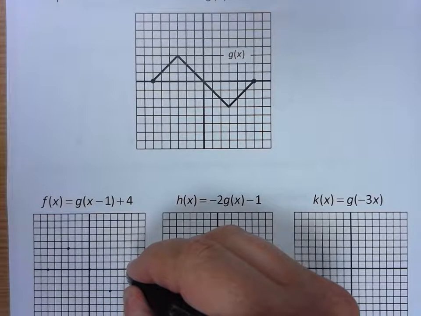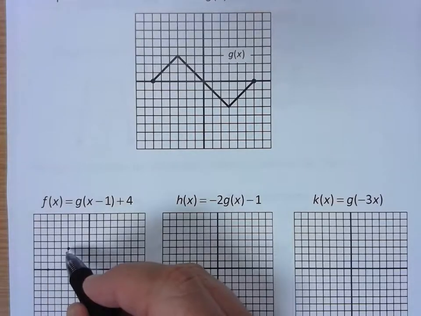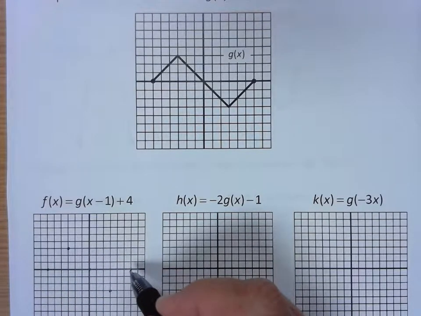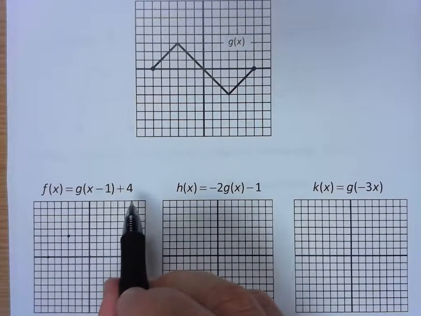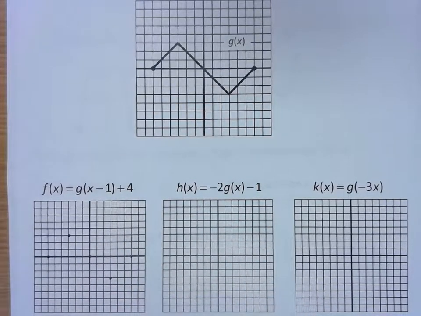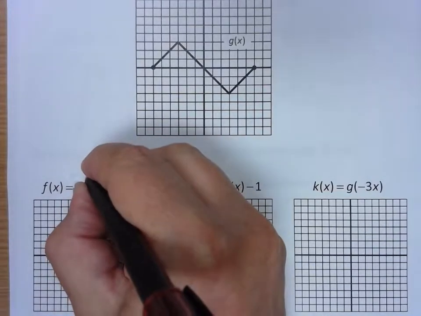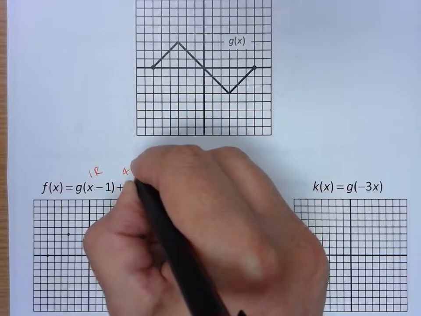So if I just plot those few points, just those 5: the one at the x-intercept, the turning point here, the intercept at the origin, a turning point there, and one there. Since this only involves shifting, I could just take these 5 points one at a time and do those 2 transformations to them. I want to take each of these and go 1 right and 4 up.